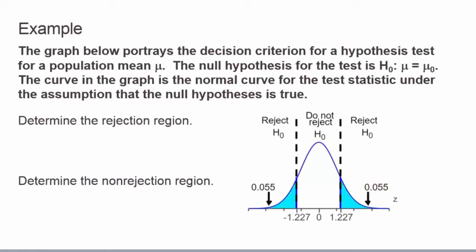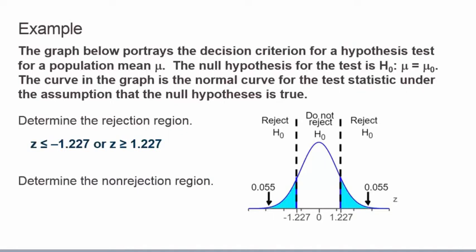Determine the rejection region. The rejection region is based on our z-scores and the shading of our area. Since the area to the left of negative 1.227 is shaded and the area to the right of positive 1.227 is shaded, z is less than or equal to negative 1.227 or z is greater than or equal to 1.227.